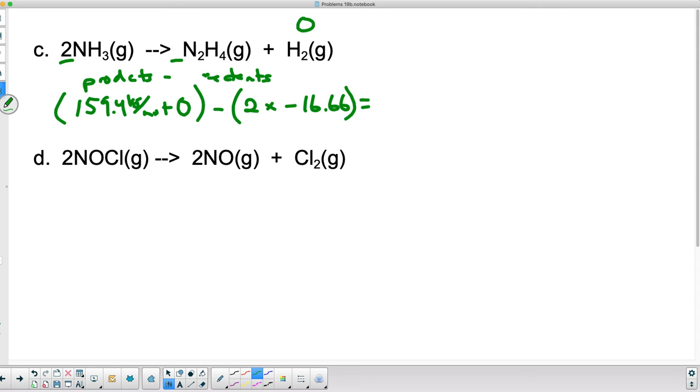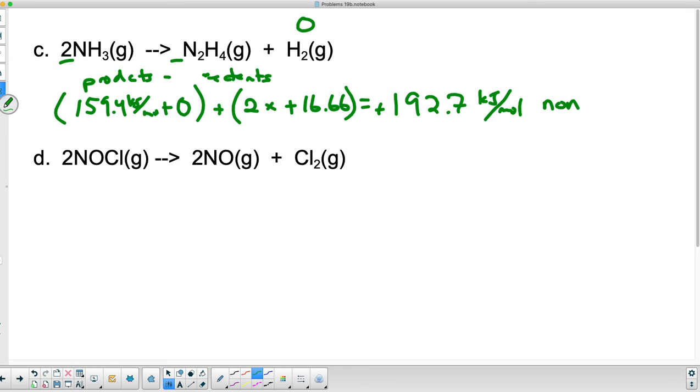So I multiply those, and because this is a negative and this is a negative, they add up to a plus, and I get a plus 192.7 kilojoules per mole. And because this is a positive, that means it's non-spontaneous. That's how I do all of them.